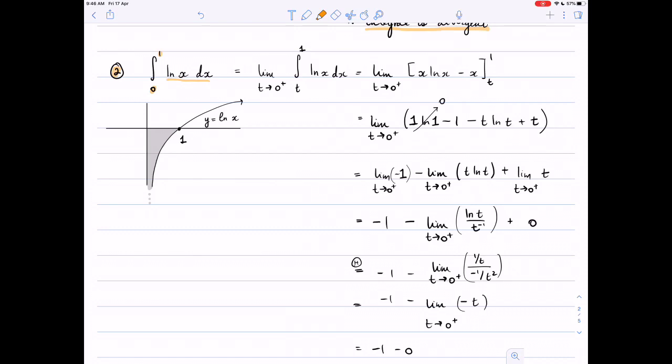Again, it looks normal, looks innocuous, until you remember that the origin 0 is again a vertical asymptote for the logarithm function, and that makes this an improper integral of type 2, this time with the bound on the left-hand side. So this integral is calculated as the limit as t goes to 0 from the right of the integral from t to 1 of the logarithm.